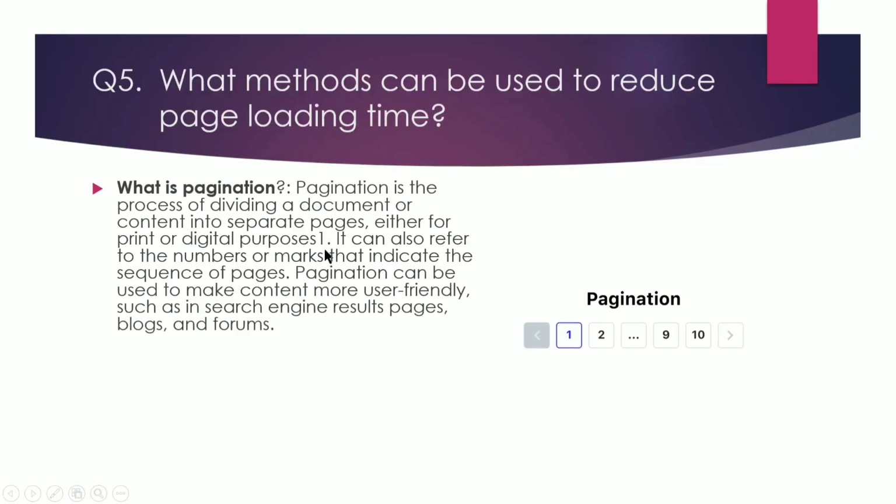So suppose you have long data, with hundreds or thousands of items. In one go, you should render only 50 or 100 items at once, and the rest of the items can be shown in the next pages. So you might have seen things like page 1, page 2, page 3, and so on. Okay, so this is the concept of pagination.